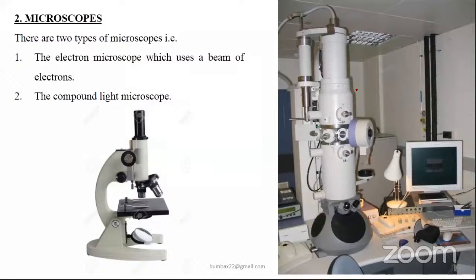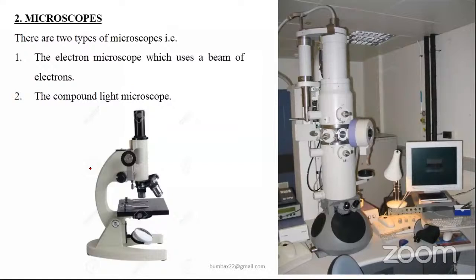Now Davis, according to the NCDC curriculum that we are following, for this level we are not expected to know the parts of an electron microscope and how they work. That is for A level. The parts of the light microscope are the ones that we have been going through.